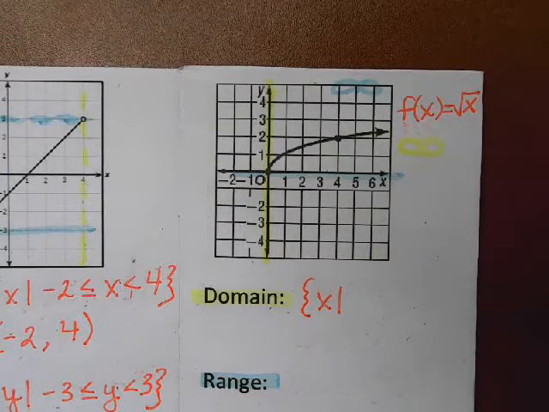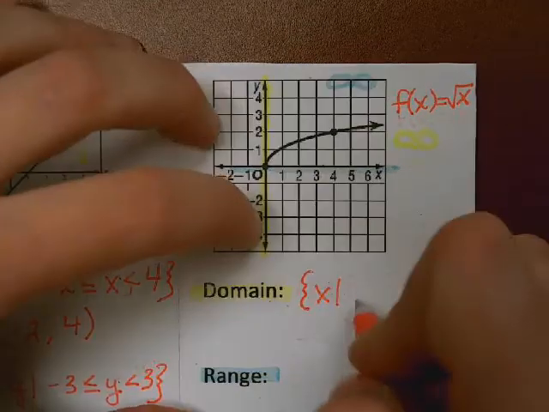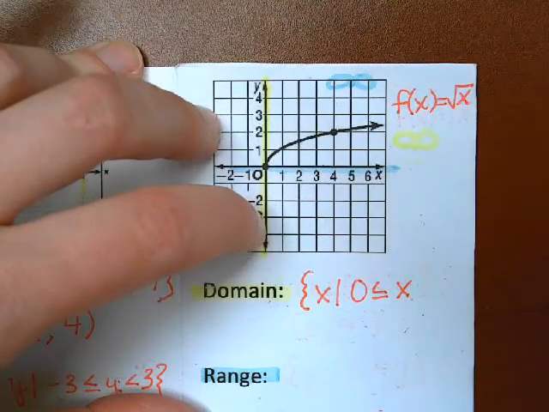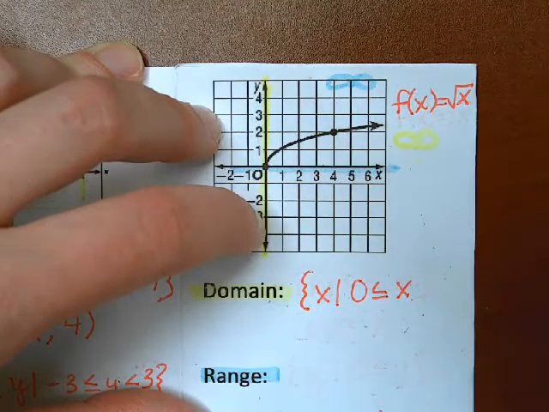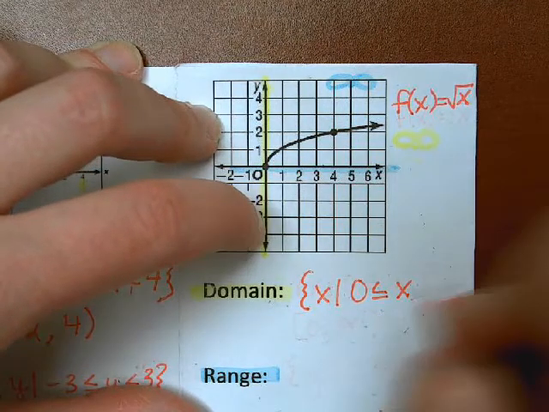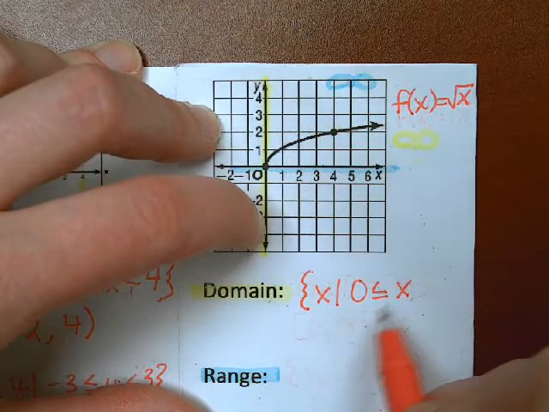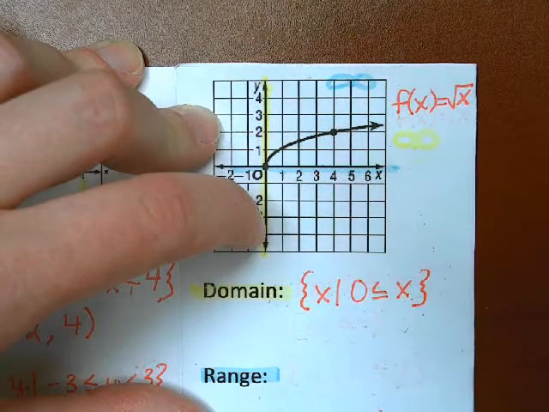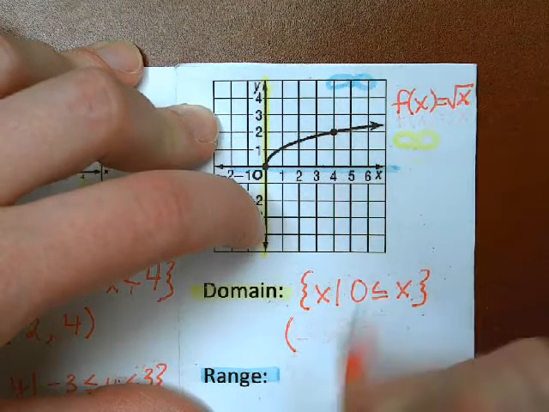So the domain, what values can I put in for the square root of x? 0. Any maximum? You put less than or equal to infinity. No, we don't usually put that, because infinity is not a number. We usually just work with numbers here.